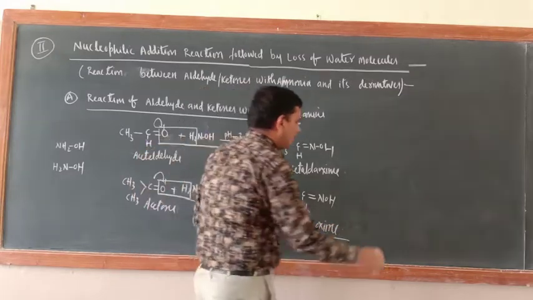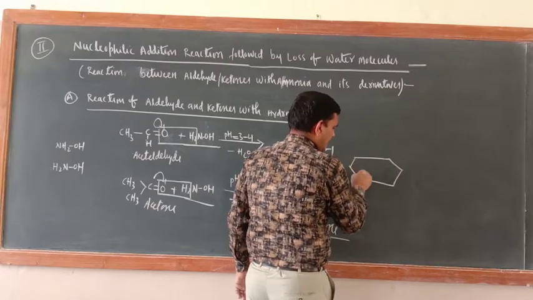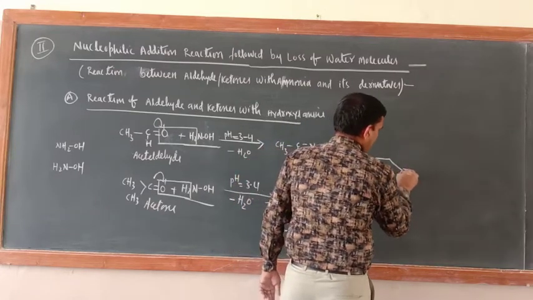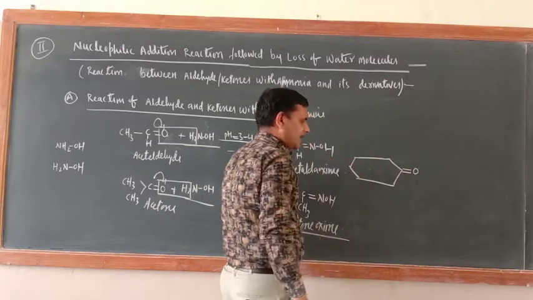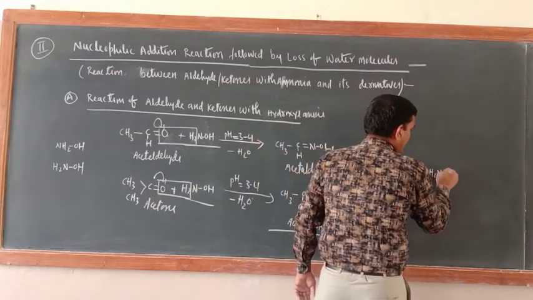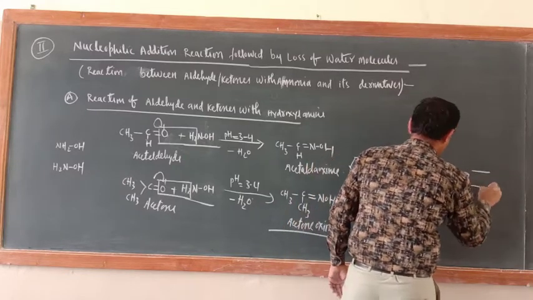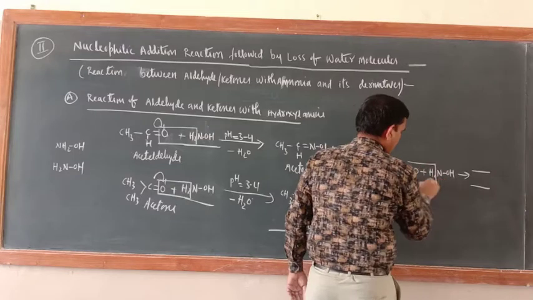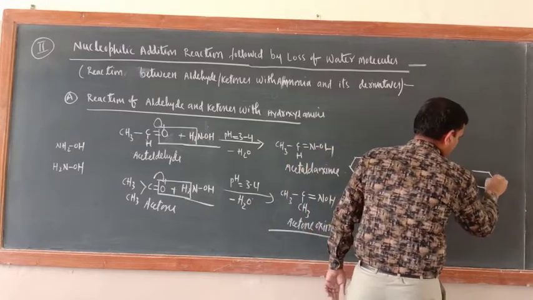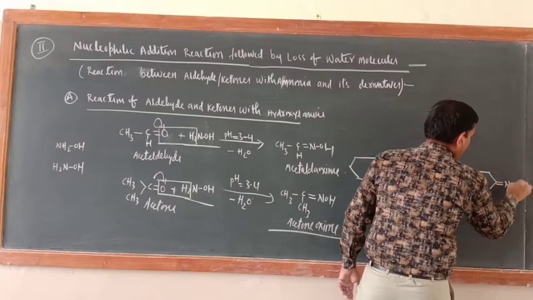oxime. Not only this one, if you are taking this compound, what is the name of this one? Cyclohexanone, and its reaction with H2NOH. So what is the product here? Don't worry, the same product. H2O will come out, and the product here is this one, double bond NOH.